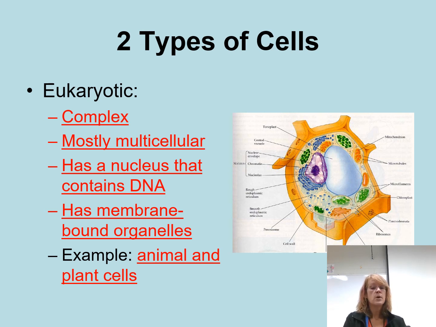Also, most of your eukaryotic cells are multicellular. Can't say all, but most. For example, animals. All animals are eukaryotic, and all animals are multicellular. Plants. All plants are eukaryotic, and all plants are multicellular. Fungi are eukaryotic, and 99.99999% of fungi are multicellular.